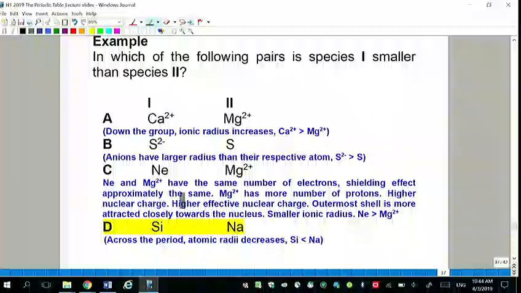Nuclear charge higher, shielding effect almost the same, so it will have a higher effective nuclear charge. The outermost electron is more attracted towards the nucleus. So Mg2+ will have a smaller ionic radius, and the radius of neon would be larger than that of Mg2+.